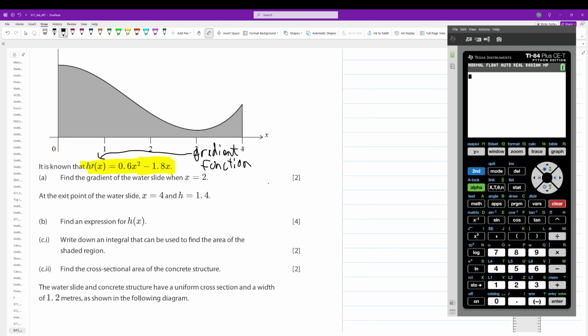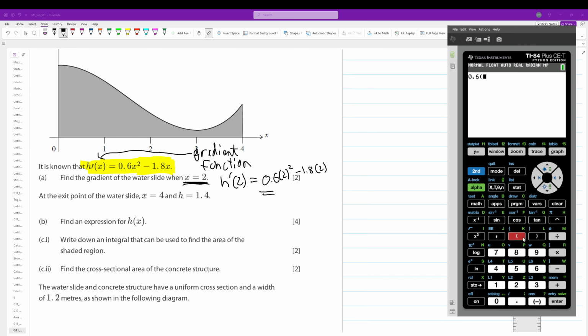And the gradient function tells me, well, what is the gradient for a given value of x? So all I need to do is put 2 into my function, and that will tell me what my gradient is.